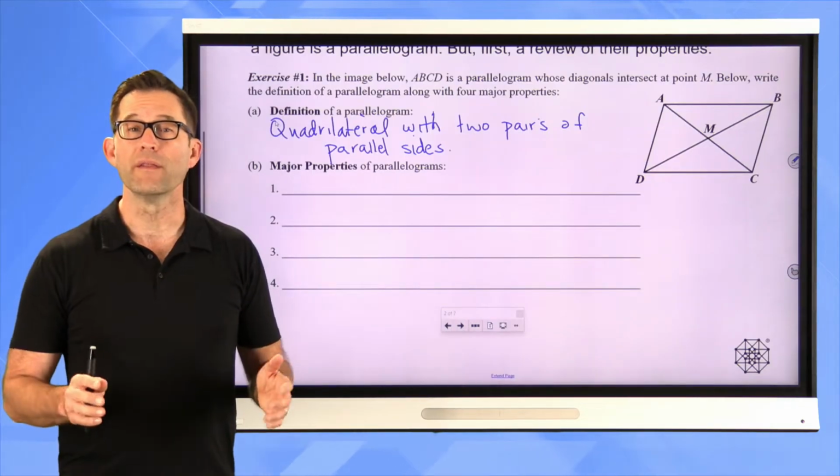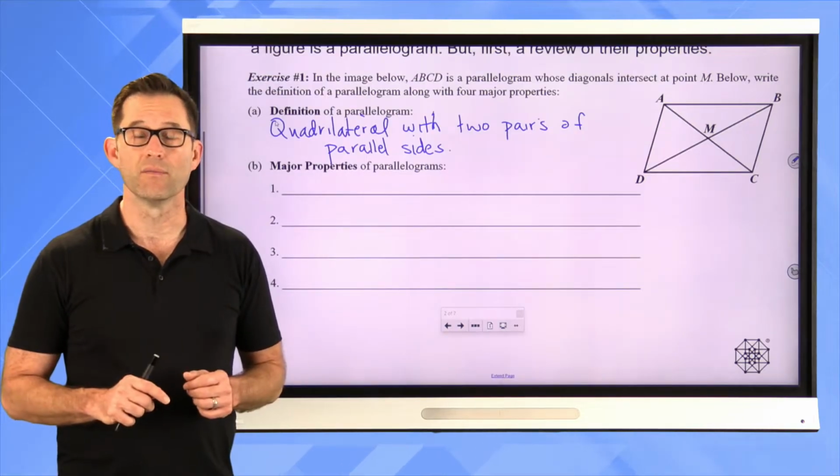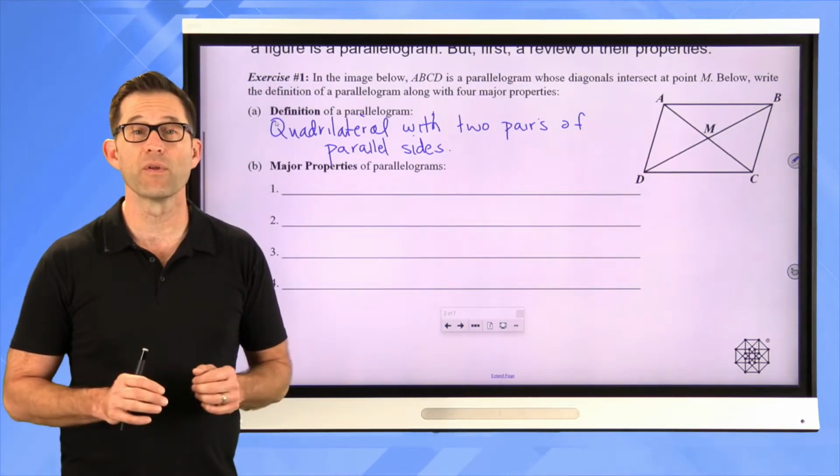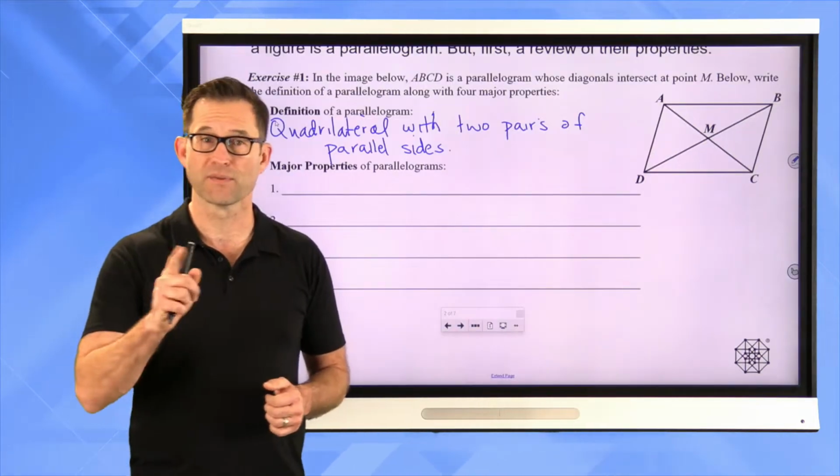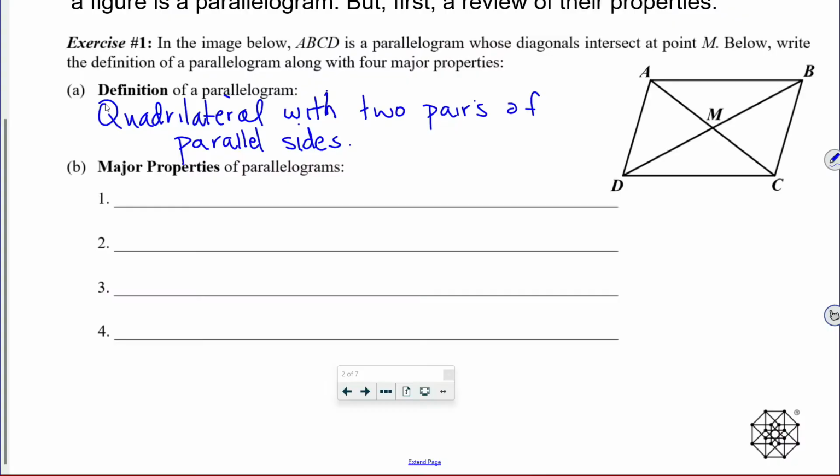Well, definitely the first 2 things that we did were we proved some things about the angles of parallelograms. One thing that we proved was that adjacent angles, so angles that sit next to each other, are supplementary. They add up to 180 degrees.